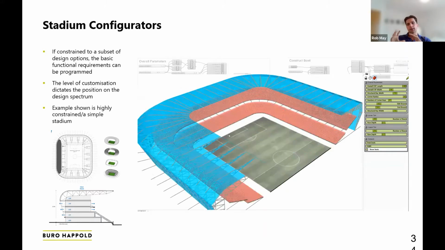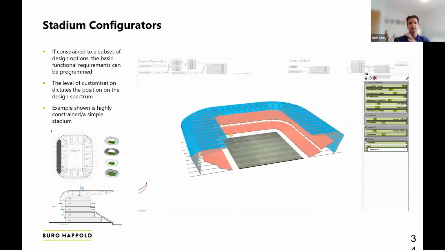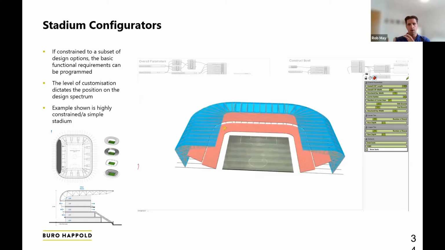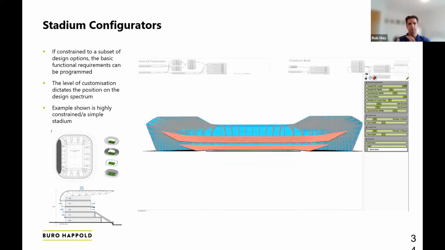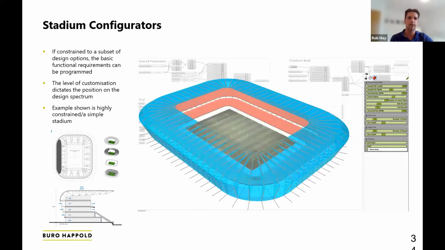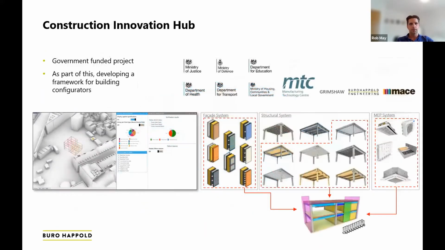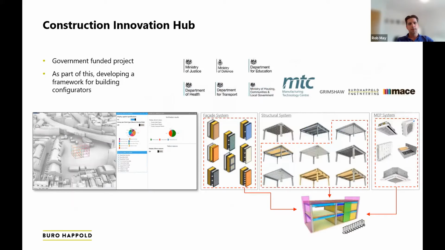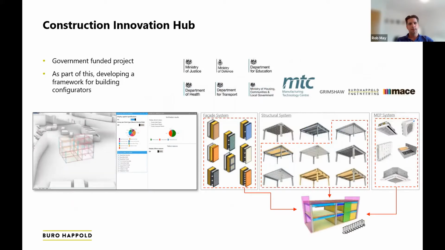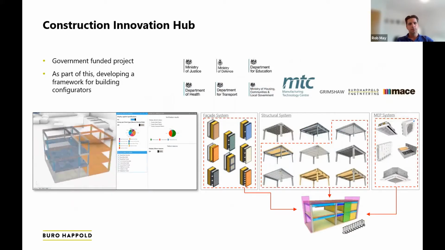Again, I don't think you'll end up all the way at a Tesla configurator, because I don't think there'll be one stadium design that everybody sticks to and they just change the color of the exterior or the wheels, so to speak. And we are doing a bit more work in this area. This is a snapshot of some work that we're doing with the UK government.